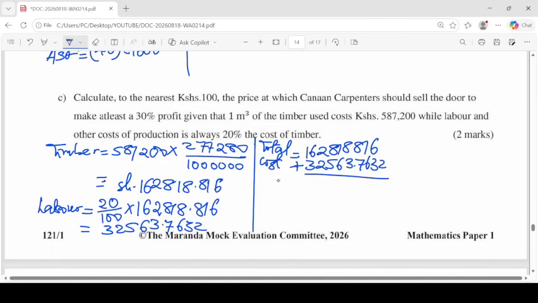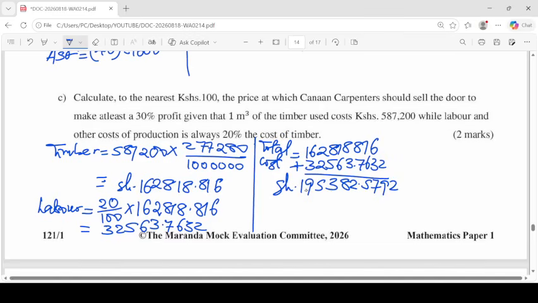When you add this, you get a total cost of 195,382.5792.